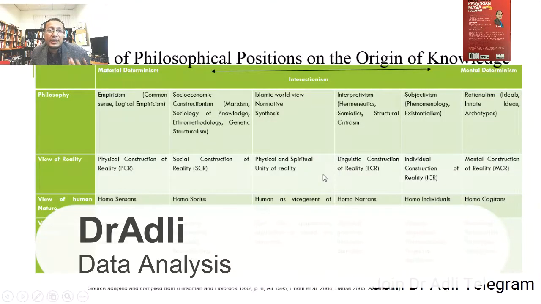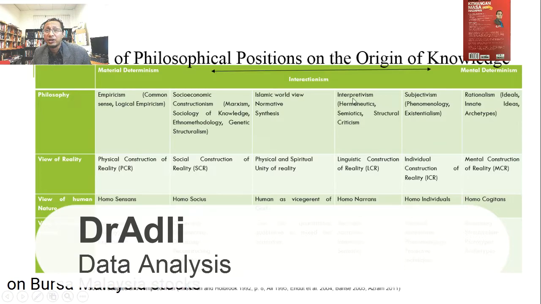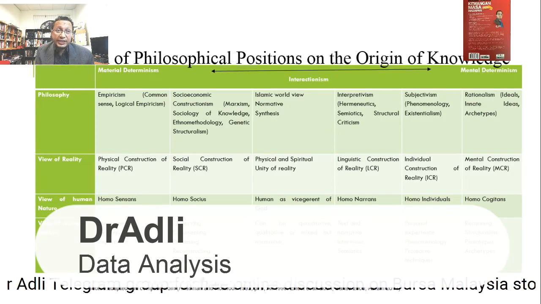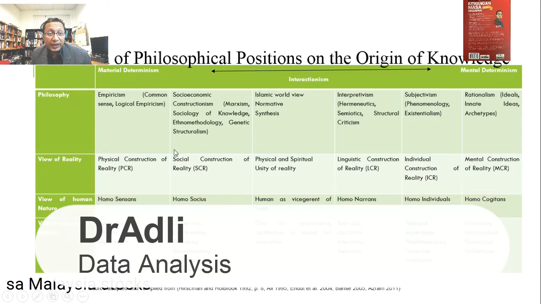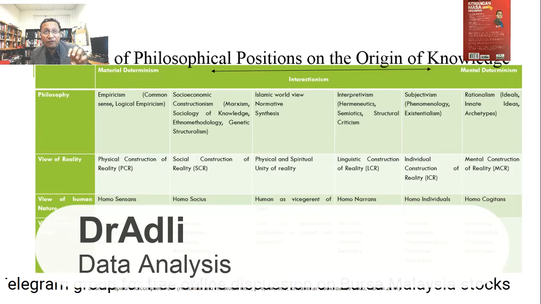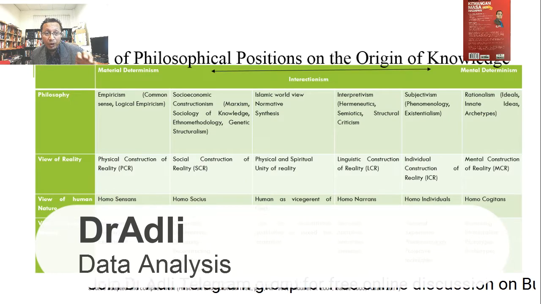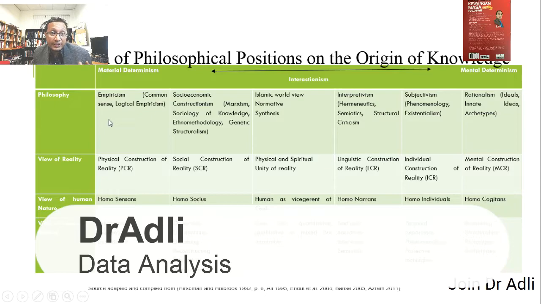And this is an example of a continuum of philosophical position on the origin of knowledge. Now, we talked about ontology just now. When we talk about ontology, we have objectivism and also subjectivism, right? So as I mentioned before, when you are looking at world reality from the objectivism point of view, your philosophy would be more toward empiricism, common sense, logic, right?